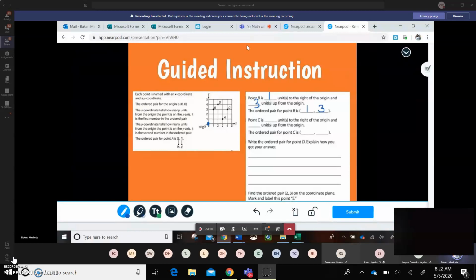Alright? So now, please help me with point C. So point C is blank units to the right. How do you describe how to get to point C? Where are we going to start at?